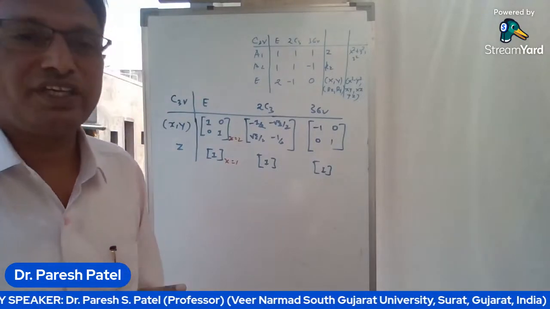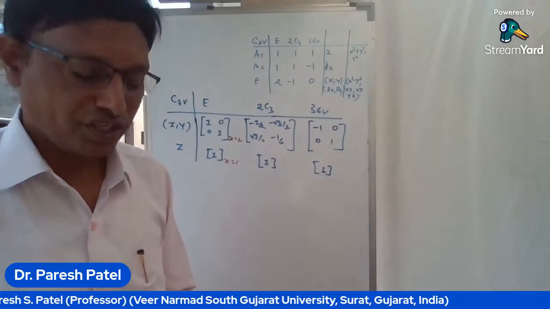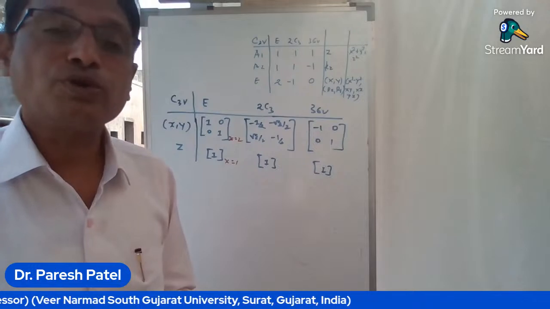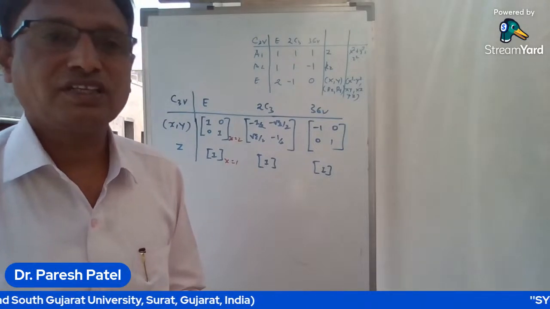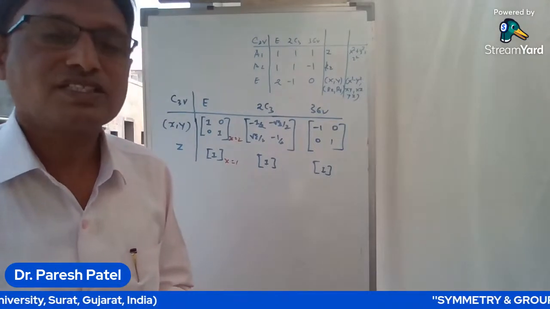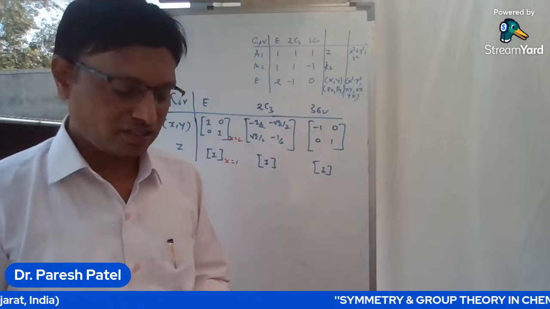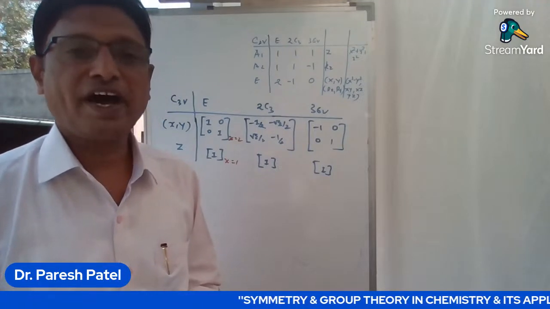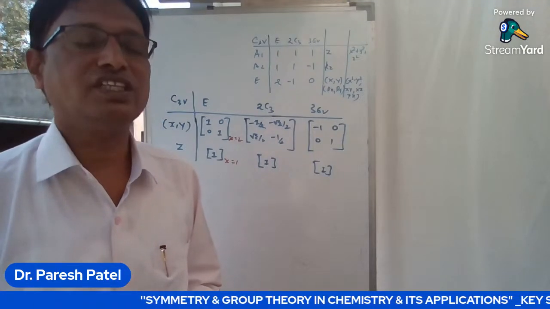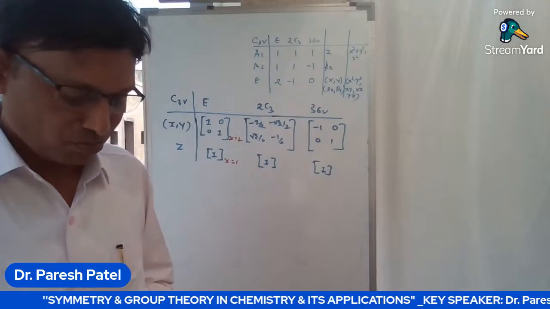Now we are going for another application of group theory, that is applications of group theory in bonding. Only sigma bonding is in our syllabus, so we can predict how many hybrid orbitals are involved in the bonding skeleton of the molecule.